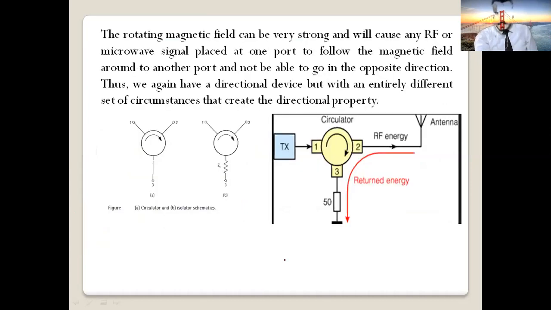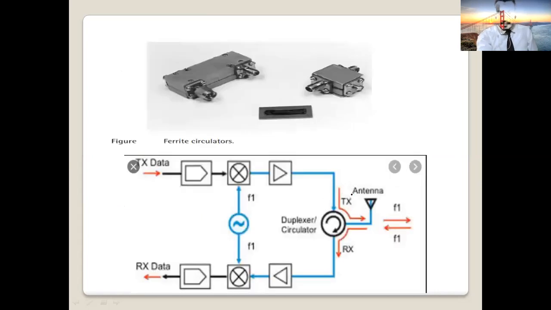Let me show you another here. Look here, you can see here a circulator. Port number 1 goes to transmitter, port number 2 goes to antenna, port number 3 to the receiver. Similarly here, this is our circulator. This is the transmitter part, right? This is our transmitted data.